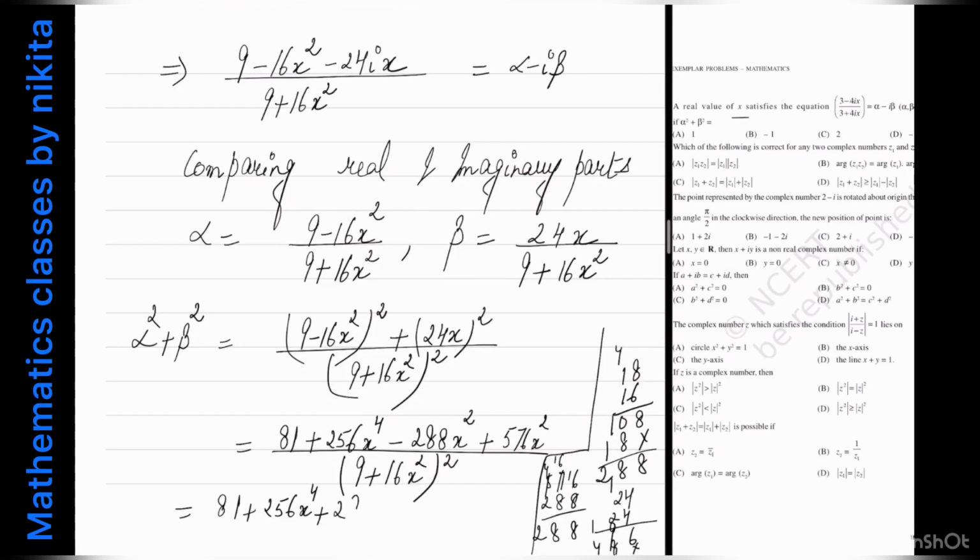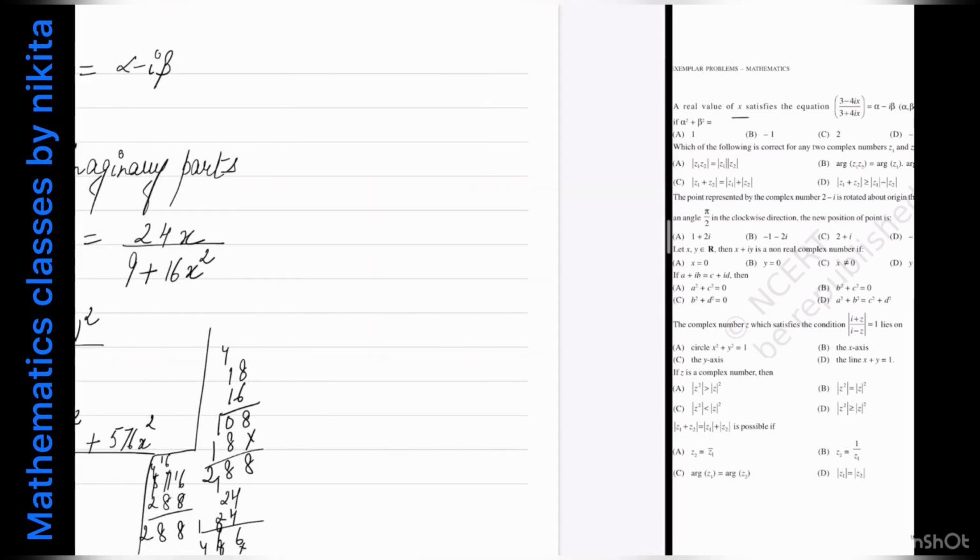So plus 288x square, divided by (9 plus 16x square) whole square. And in the numerator, this is nothing but (9 plus 16x square) whole square, divided by (9 plus 16x square) whole square, which is equal to 1.